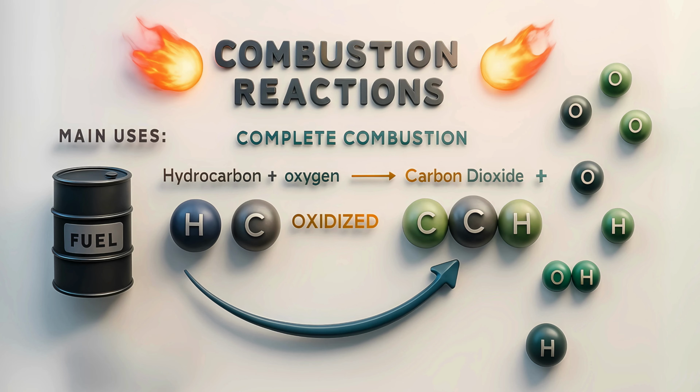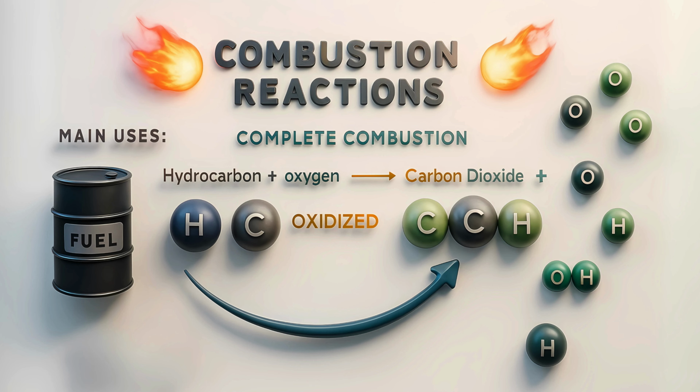Now, let's talk about combustion reactions, which are some of the most common and important reactions involving alkanes. One of the main uses of hydrocarbons such as alkanes is as fuels, because they release large amounts of energy when burned in oxygen. When there is plenty of oxygen available, the alkane undergoes what we call complete combustion.